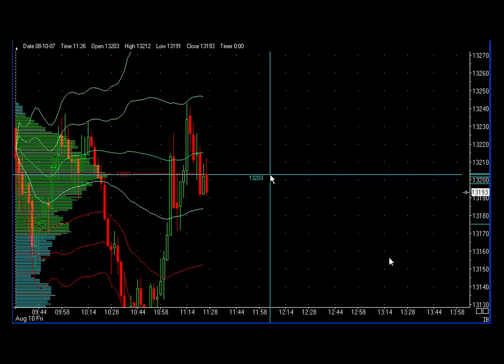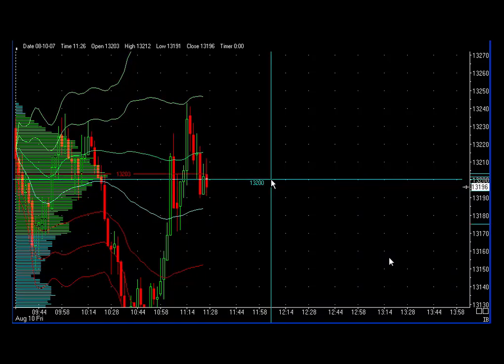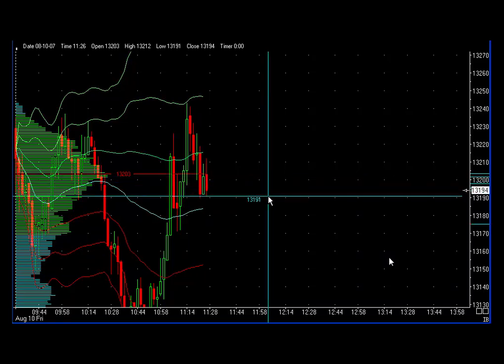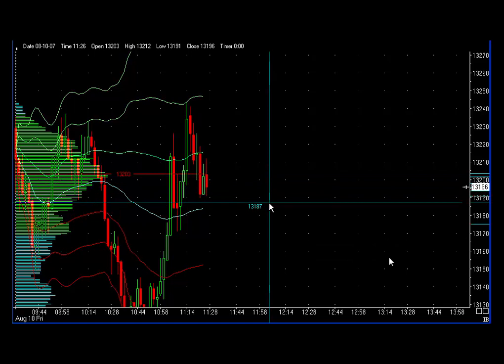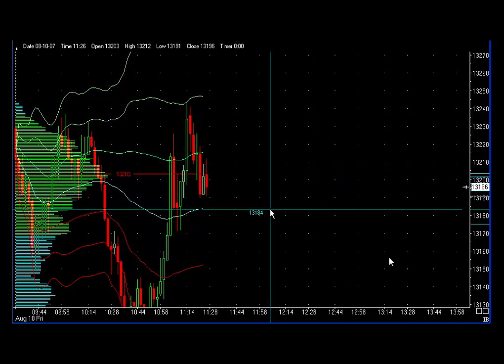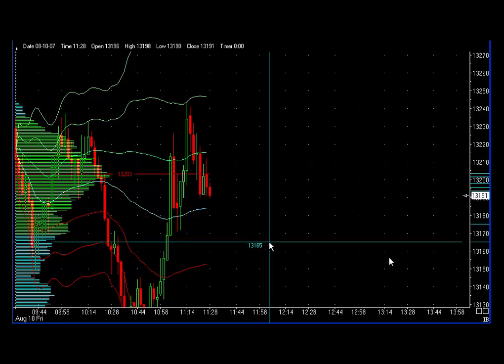We haven't discussed trades when that happens, but we'll do that in a later thread. For now, we have a negative skew and our expectation would be to move back down to the volume weighted average price. And below.